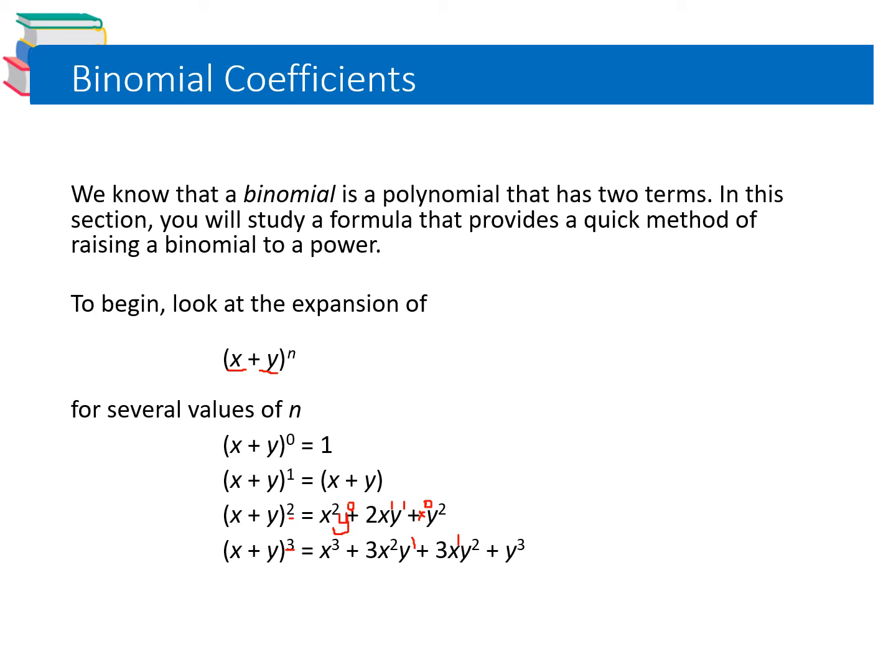So, pansinin nyo na lang, isulat ko lang saglit. Y raised to 0, x raised to 0. Mapapansin nyo dyan, yung mga exponent ng x natin is pababa. X raised to 3, 2, 1, 0. Pagdating dito kay y raised to 0, 1, 2, 3. Ganun lang. Hanggang sa susunod na may susunod dyan, ganun din gagawin.